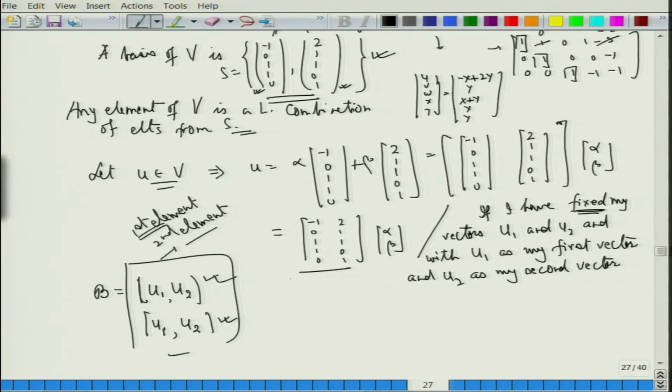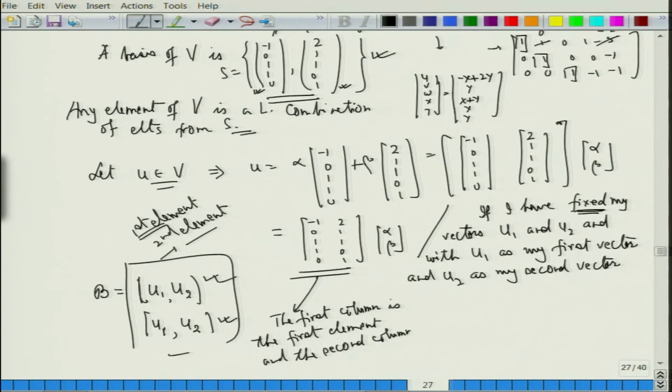So, when I write like this, it means that the first column is the first element and the second column is the second element of the basis.